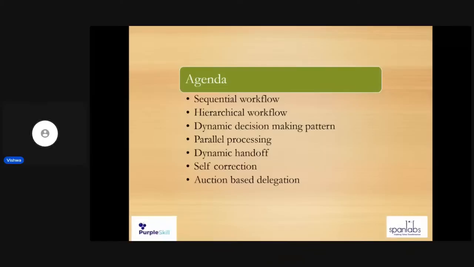So first one is sequential workflow, then hierarchical workflow, then dynamic decision making patterns, parallel processing, dynamic hand off, self correction, and auction based delegation. So these are different ways in which two agents can collaborate with each other, correct? So that collaboration is what we are going to discuss today as such.